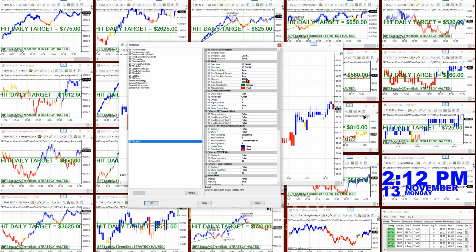Once you hit the target of 500, the auto trade will stop, or if you want 1,000, the auto trade will stop. And then we left it open if you want to make a template and mess with the filters, because if you want to go market order, you can do that.